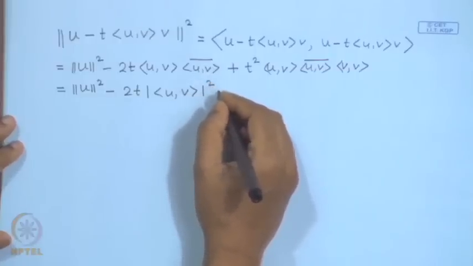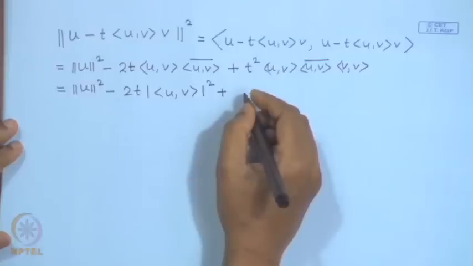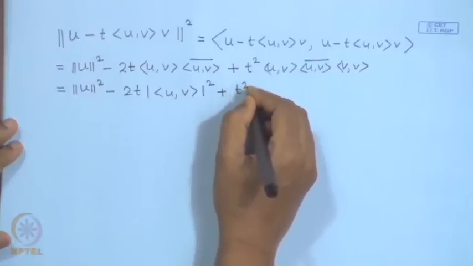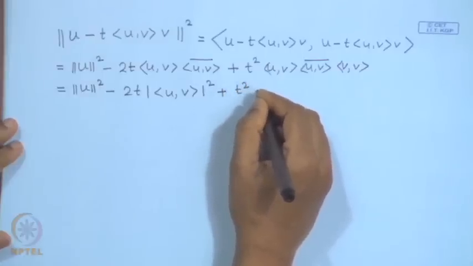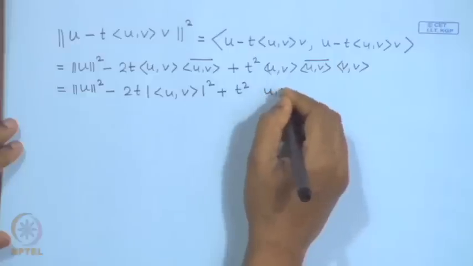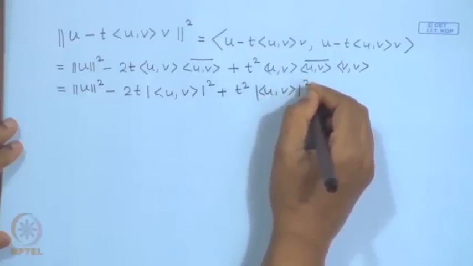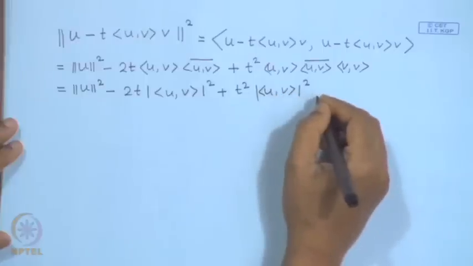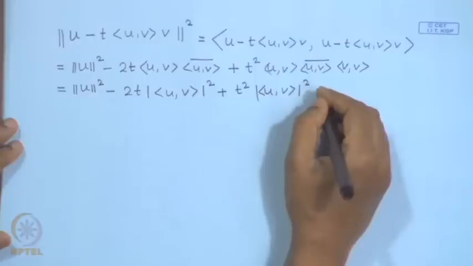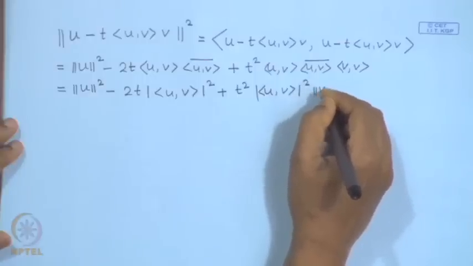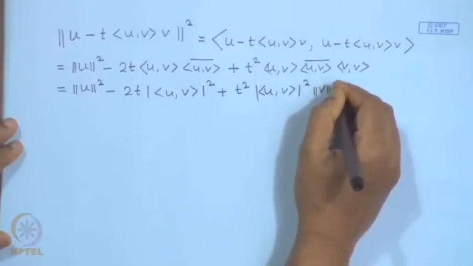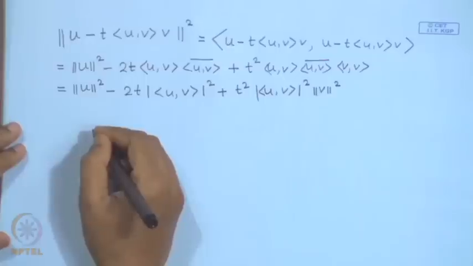This is from the property of complex numbers, that absolute value square of the inner product u, v times square of norm of v.